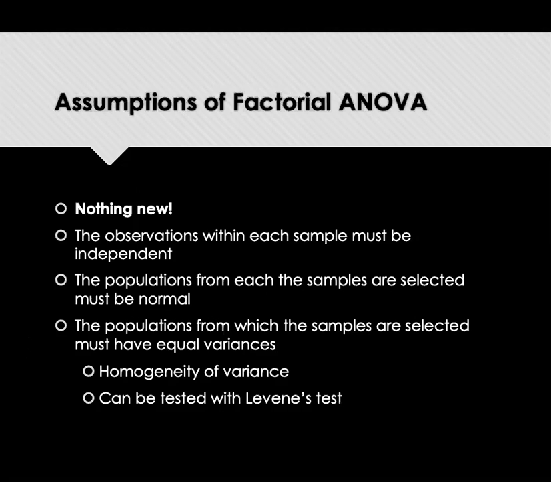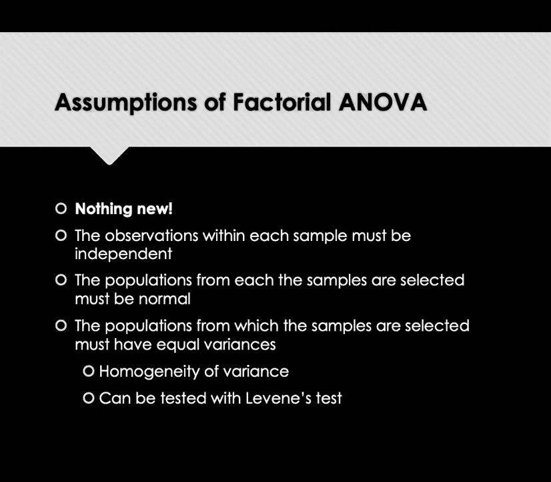Lastly, just to go over, there are assumptions that you need to check when you're doing a factorial ANOVA. This is nothing new. The observations within each sample must be independent, just like a lot of the other assumptions of hypothesis tests that we've done. The populations from which each of the samples are selected must be normal.